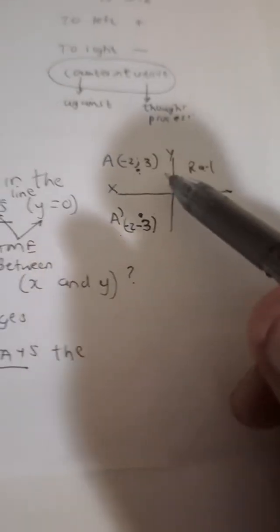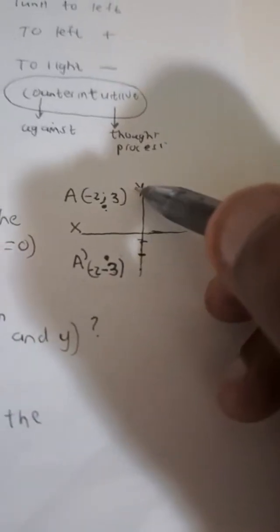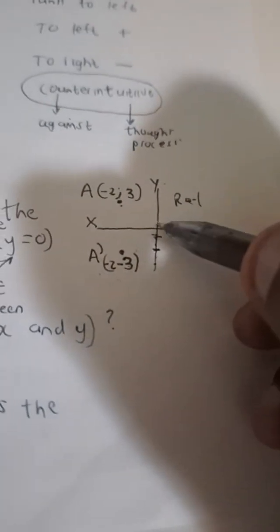Now, in light of this point, guys, you should understand that underneath the x-axis, the y values are negative, whereas above the x-axis, the y values are positive.